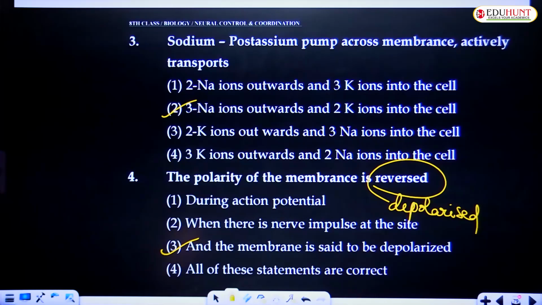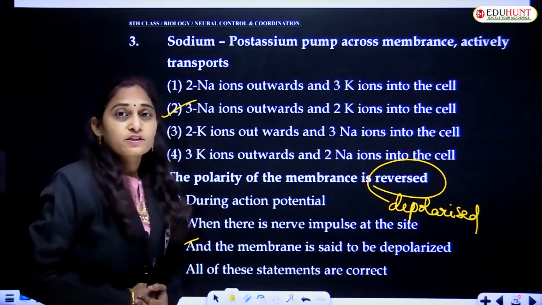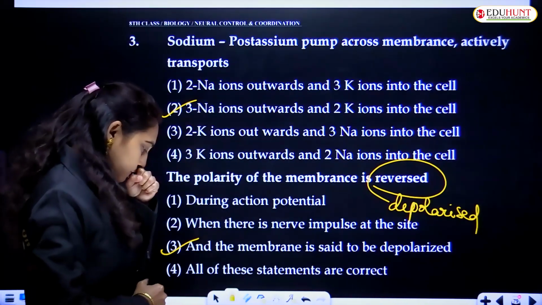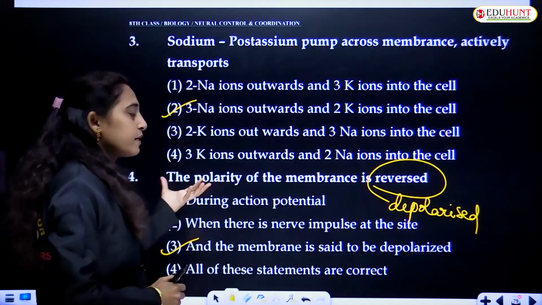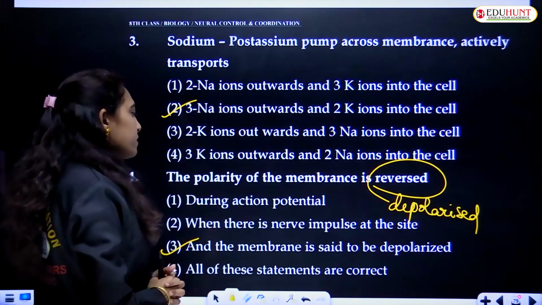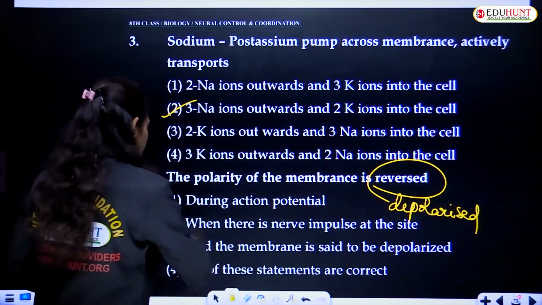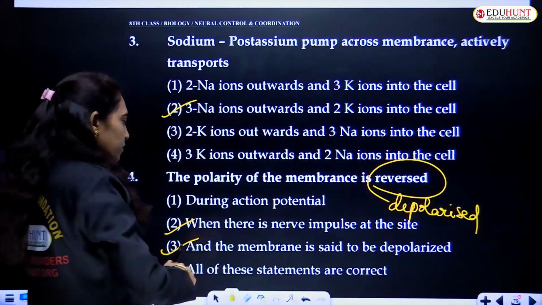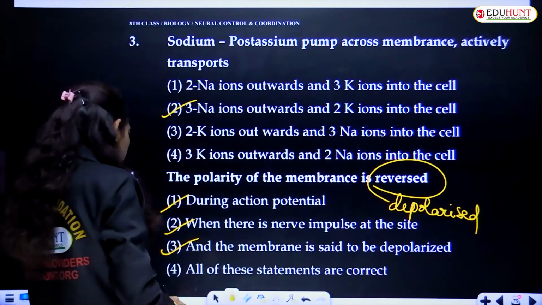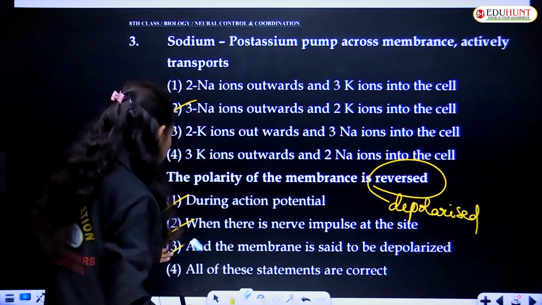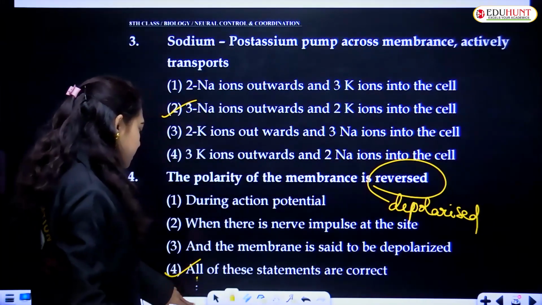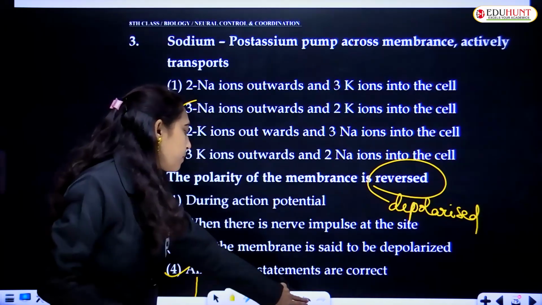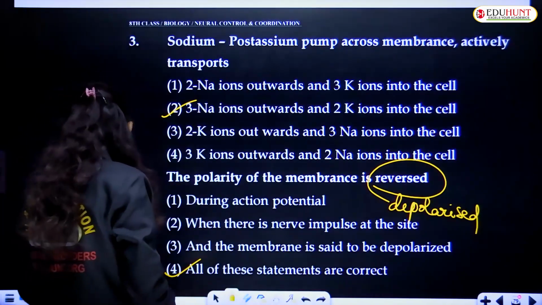During action potential also, the polarity of the membrane gets reversed, when there is a nerve impulse at the site. So, obviously, the answer is all of the above. Yes, this is the correct answer, all of the above.